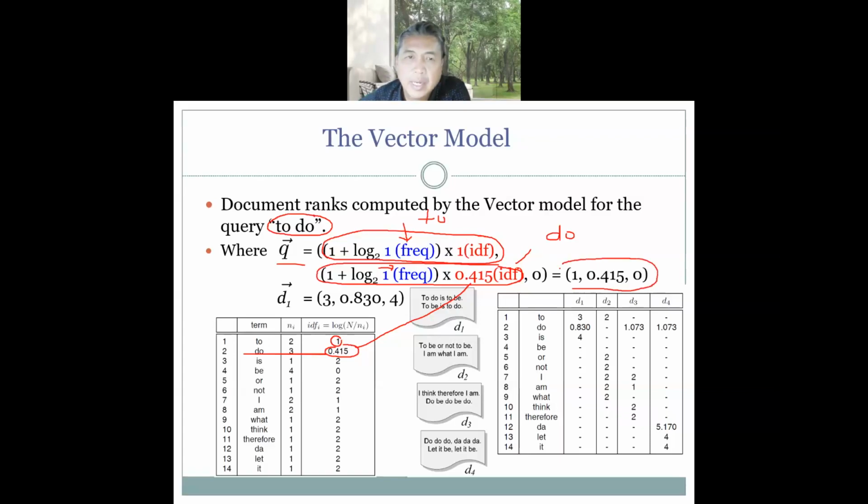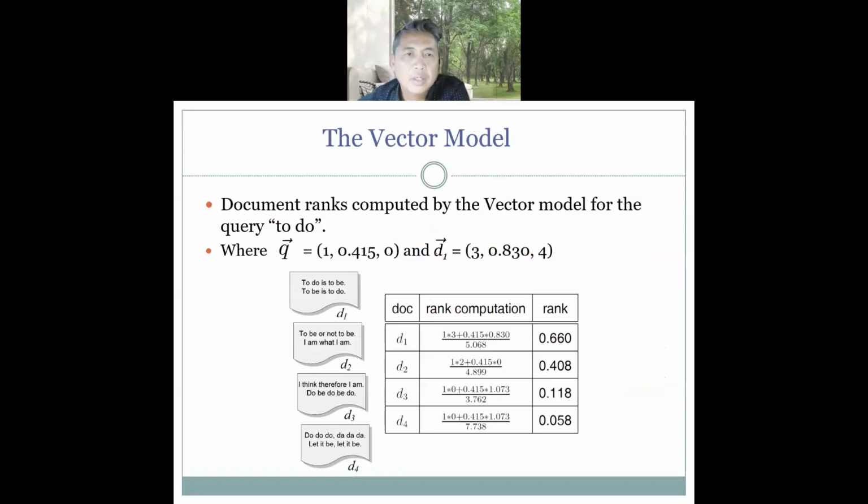So this is the vector for the Q, and this is the vector for the document 1. Now we have these two vectors. Now I want to find how similar they are, so I will use the cosine function. I have the Q here, I have the D1 here.